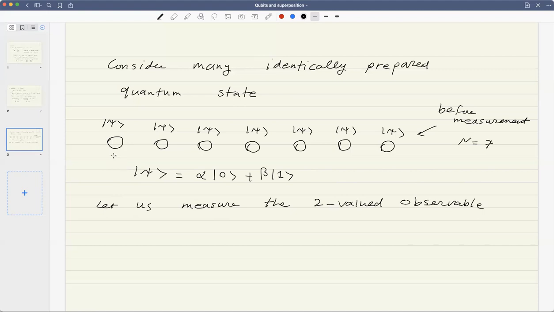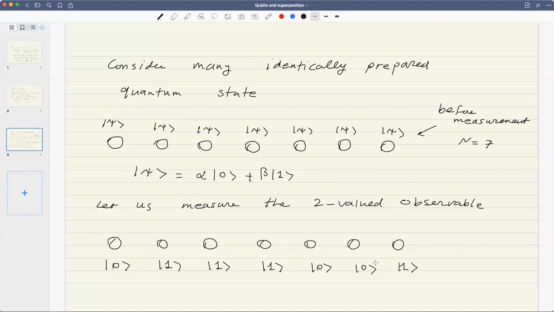There's no way to predetermine the result of the measurement for each and every 2-level system. So after the measurement, we have these states. So suppose I still have 7 of these, 1, 2, 3, 4, 5, 6, 7. And maybe this guy becomes 0. This one becomes 1. Maybe this is 1 again. Maybe this is 1 again. Maybe this is 0. This is 0, and that's 1.